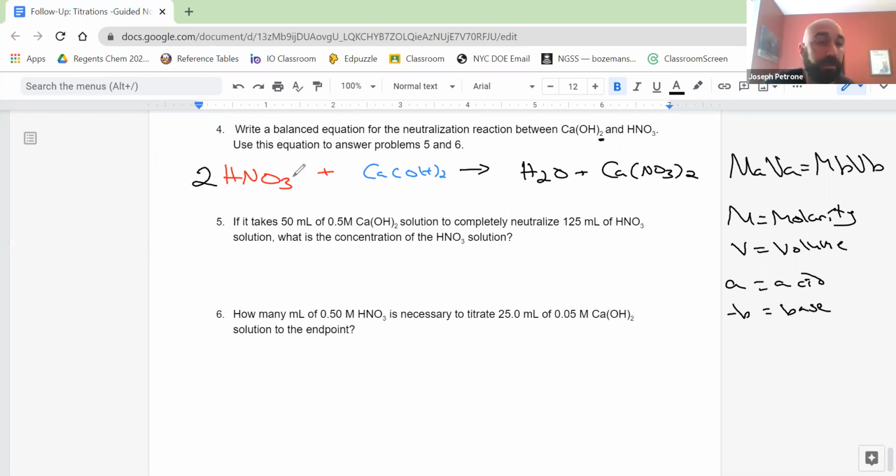And then we also now have 2 H's and 2 hydroxides. Remember, each H and hydroxide makes a water. So if we have 2 of these, we'll end up with 2 waters. So this is our fully balanced neutralization reaction between calcium hydroxide and nitric acid.